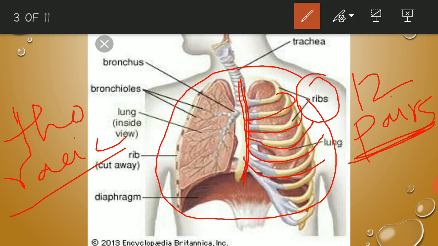This is the diaphragm. So the lungs are present inside this rib cage, and just above the diaphragm.